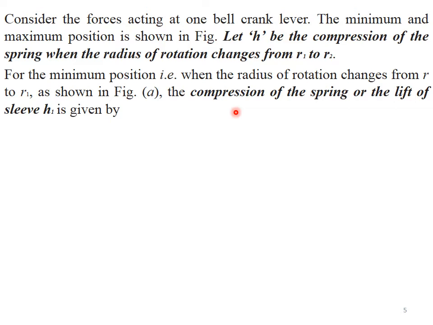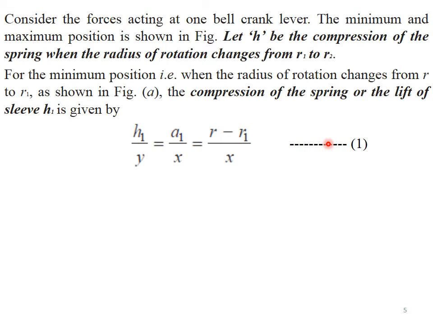The compression of the spring or lift of the sleeve is given by H1 by y is equal to A1 by x is equal to R minus R1 by x, because x1 is equal to A1. How do we write A1 in terms of R and R1? You can see the figure, and you will come to know. A1 is equal to R minus R1 by x. So this is your equation number 1.